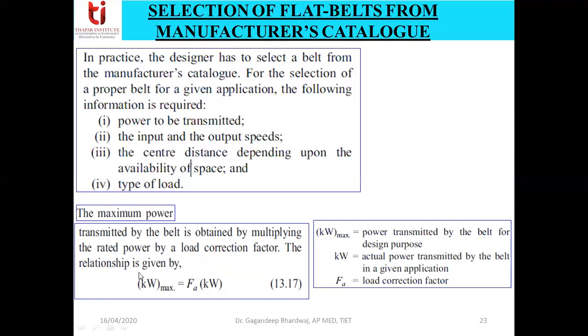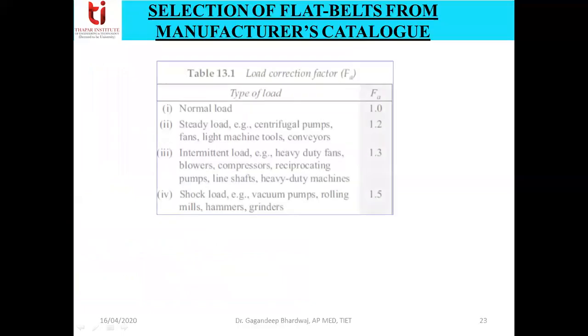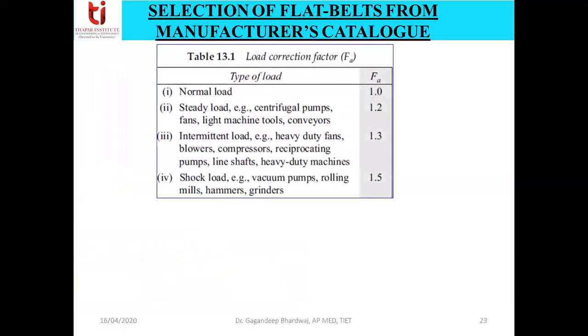Kilowatt max is power transmitted by a belt for design purpose, kilowatt is actual power transmitted, and FA is the load correction factor. So the load correction factor value is 1 if it is normal load. If it is steady load, it is 1.2, intermediate load, shock load. So different values are given.